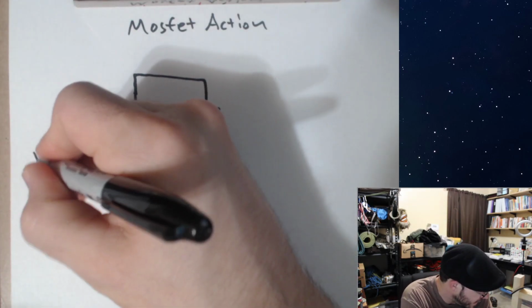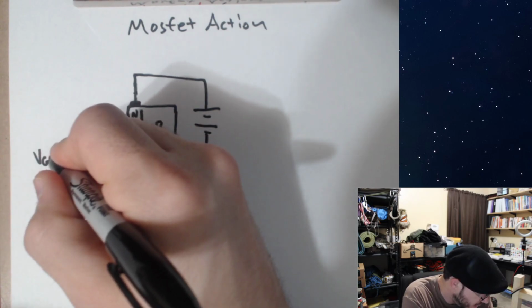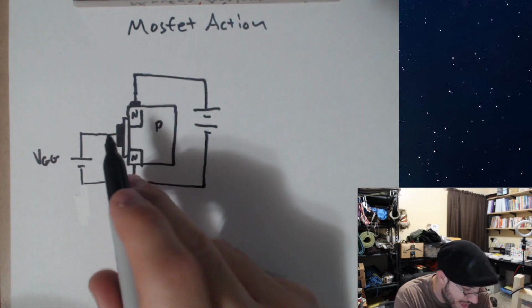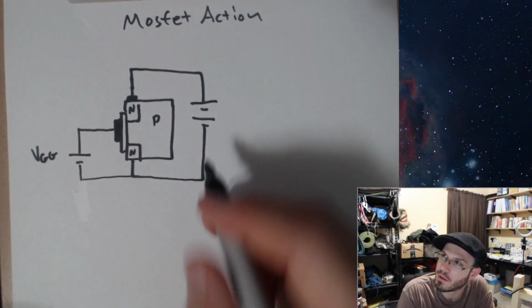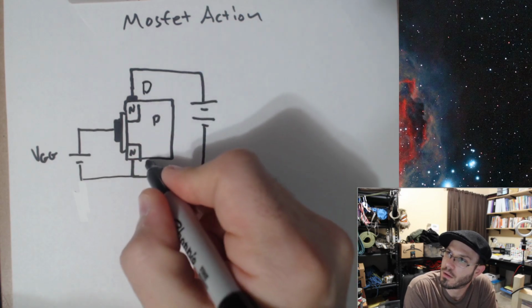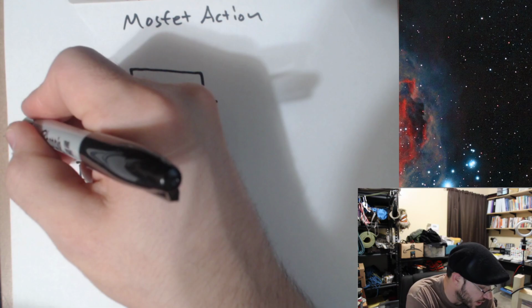We have a VGG, and in this case, what we care about is the voltage between the gate and the source.